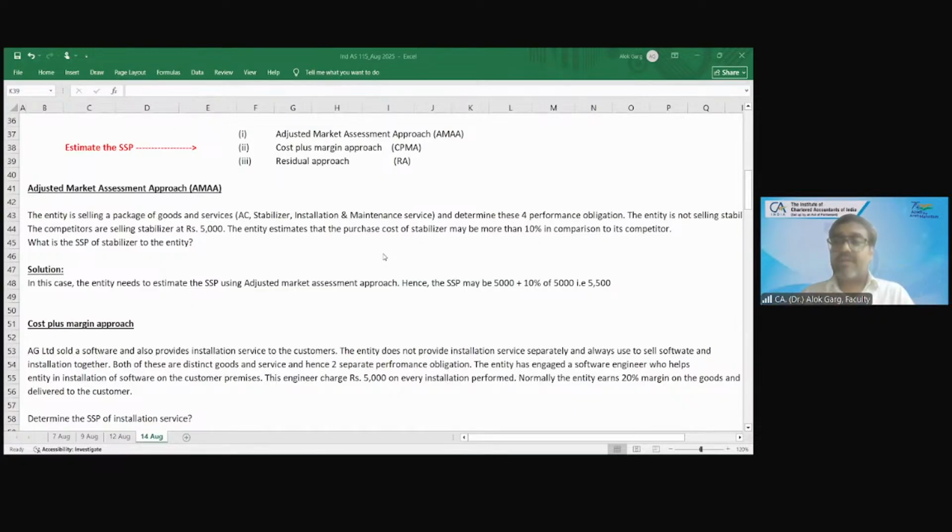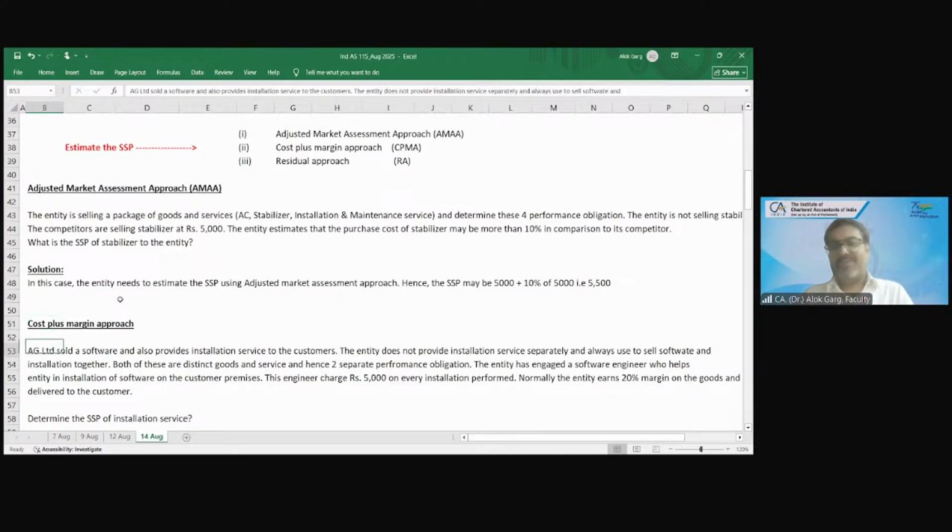Going by the adjusted market assessment approach, whatever price you are getting from a market, you have to do the adjustment as per your entity, and after that adjustment, you will be able to estimate the standalone selling price for that performance obligation. Is this clear to everyone? Yes, sir. There is no explanation beyond this even in the study material. Agreed.